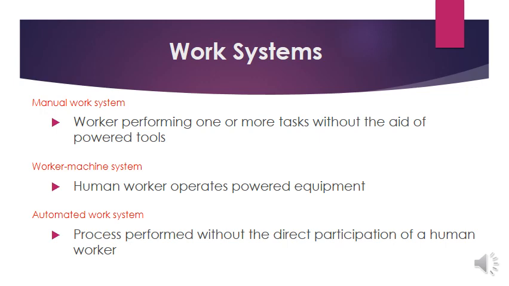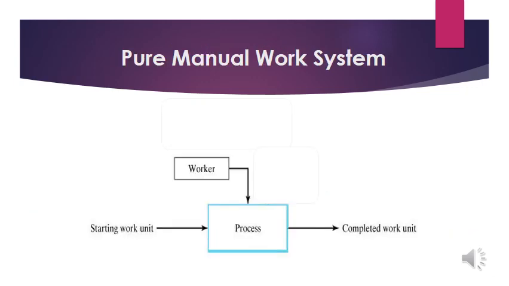For manual work system, it means the worker performs one or more tasks without the aid of powered tools. Worker-machine system means a human worker operates powered equipment. And automated work system means the process is performed without the direct participation of a human worker.